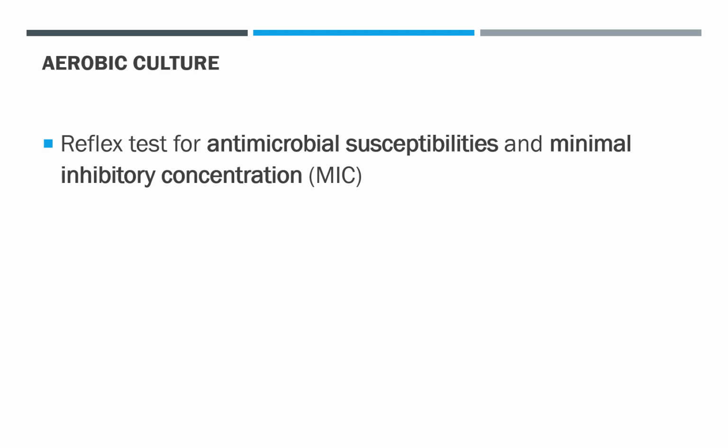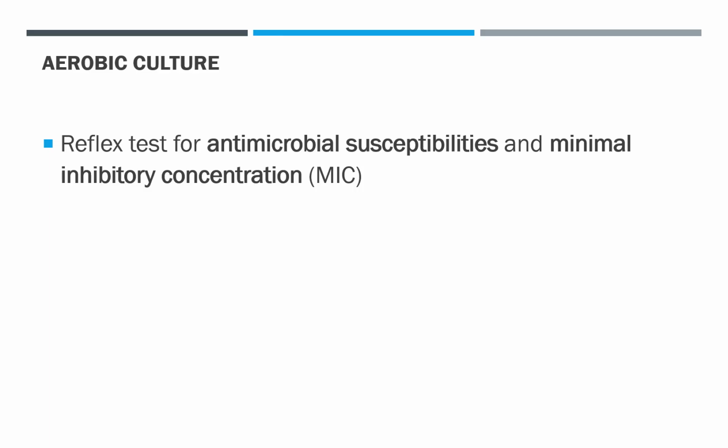Typically, you'll want to order this test with the option, and most labs will default to this, a reflex test for antimicrobial susceptibilities, and what's called minimal inhibitory concentration, or MIC.